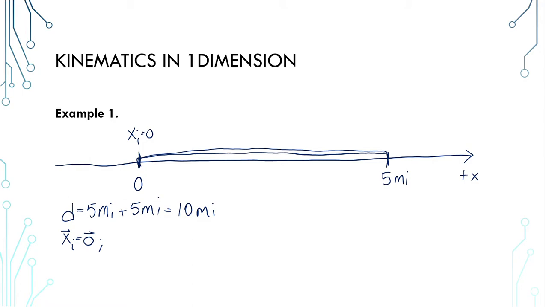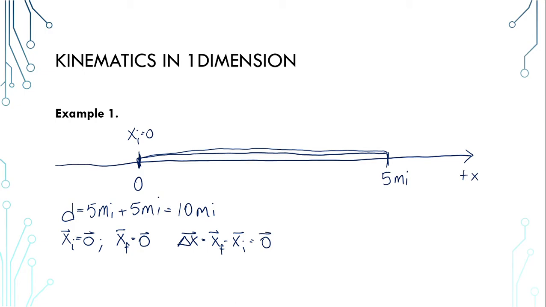What about the final? Well, the person starts at the origin, goes to 5 miles, but then comes back and is again at the 0 mark. So the change in position, known as the displacement, is x final minus x initial, which is 0 minus 0, which is just 0.